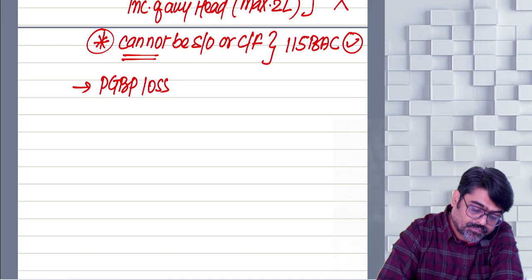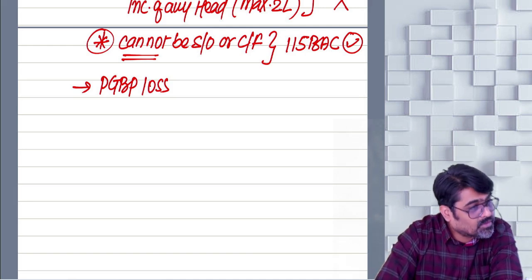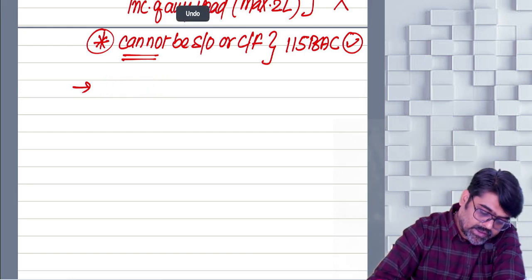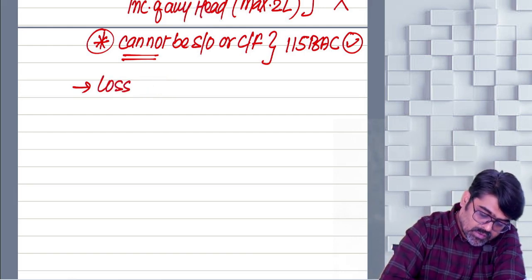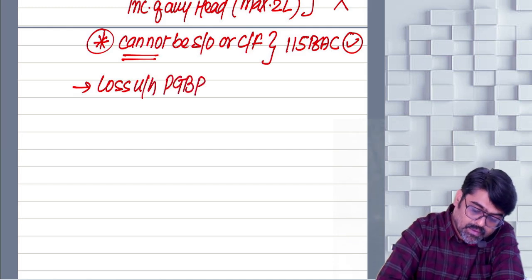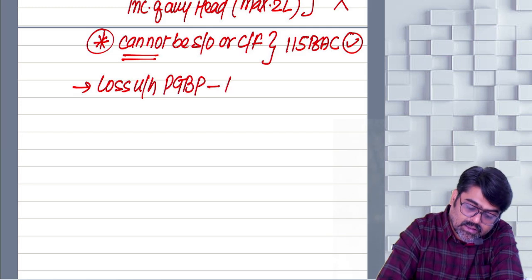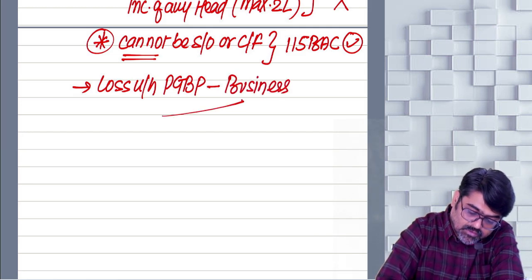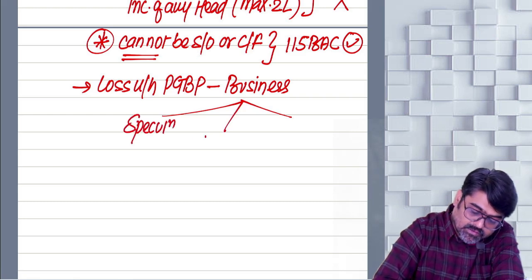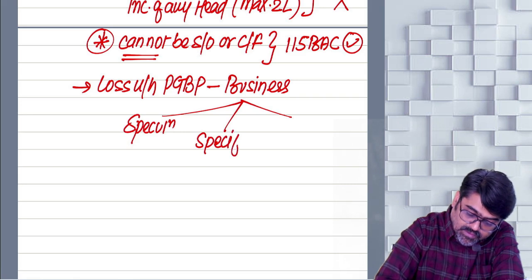But this PGBP loss due to speculation business, is it possible or not? So I am saying there is a loss under the head PGBP because of a business, and that business was a speculation business, specified business or normal business.